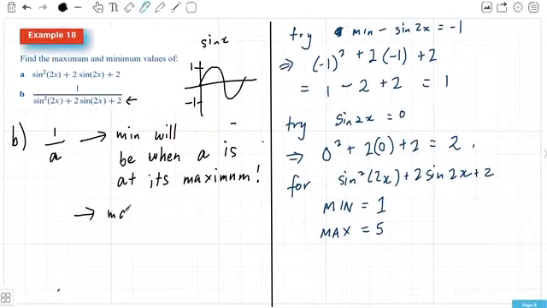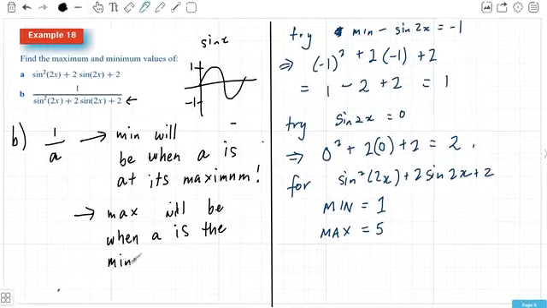In the same way, the maximum will be when A is the smallest that it can be. So when A is the minimum, because what you're doing then is you're taking the smallest thing A can possibly be and dividing 1 by that. So if you're dividing 1 by the smallest thing you can, you're trying to keep that numerator as big as you can.